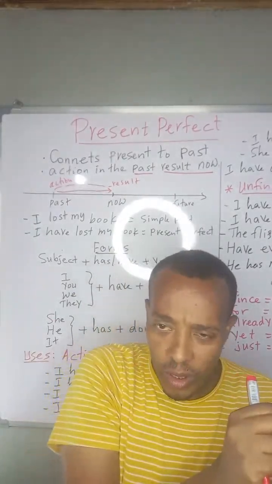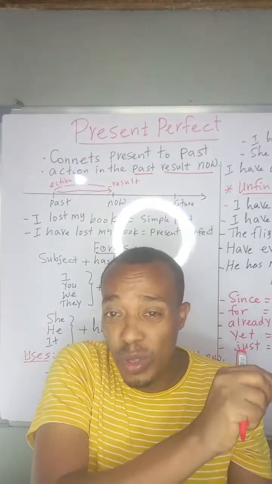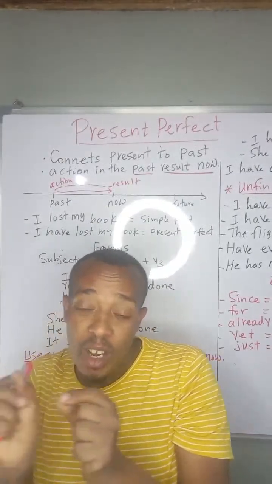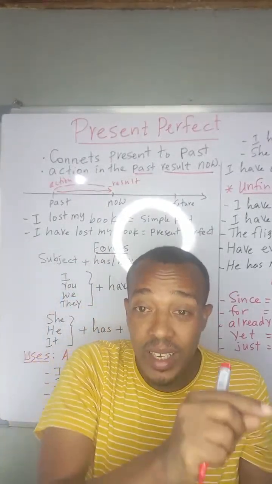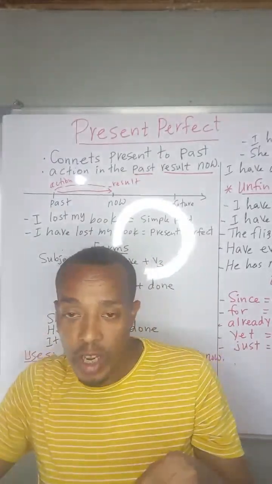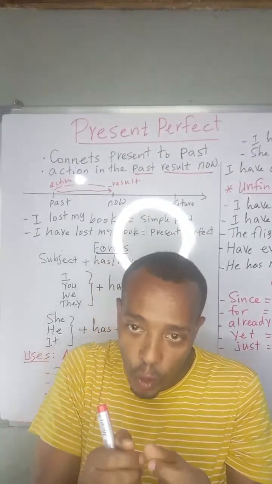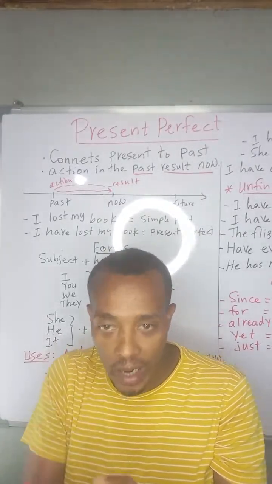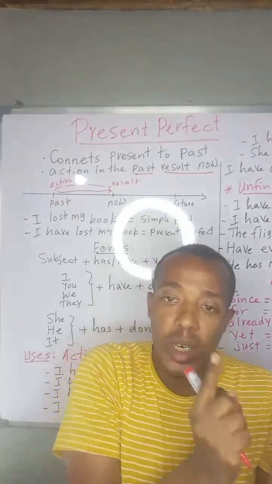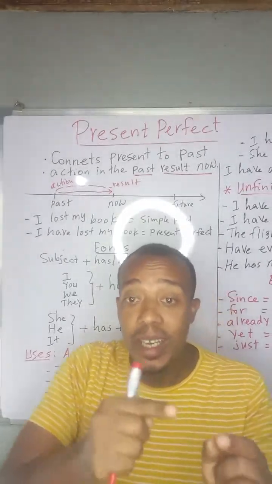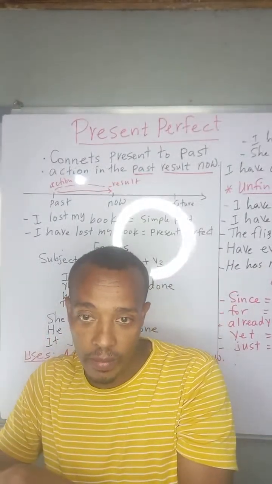I didn't lose my key continually up to now, but I already lost it, and the result of the action continues up to now, which means I am still in a problem. I can't open my door or my car. So the action is already done in the past, but the result is seen now.